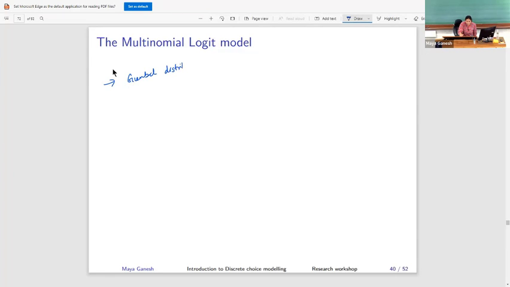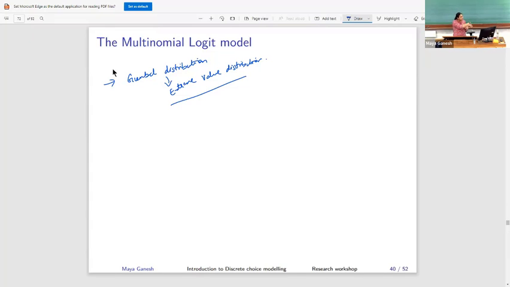Ma'am, just a very small question here. Ma'am, for the binary logit case, the reason we are looking at epsilon_in minus epsilon_jn, is it because we are trying to work on the difference between u_in and u_jn? Hold on. In the binary logit case, also we were interested in epsilon_in and epsilon_jn because there were only two alternatives.